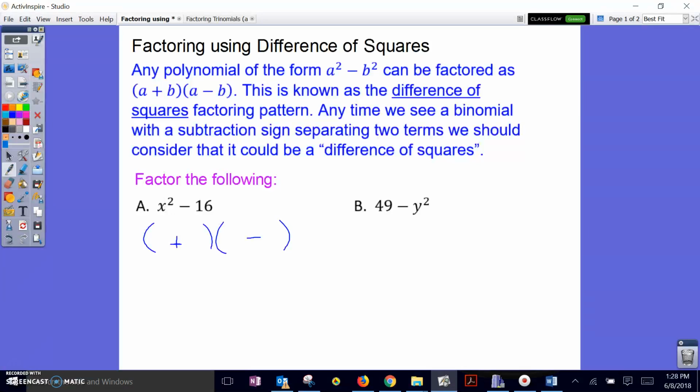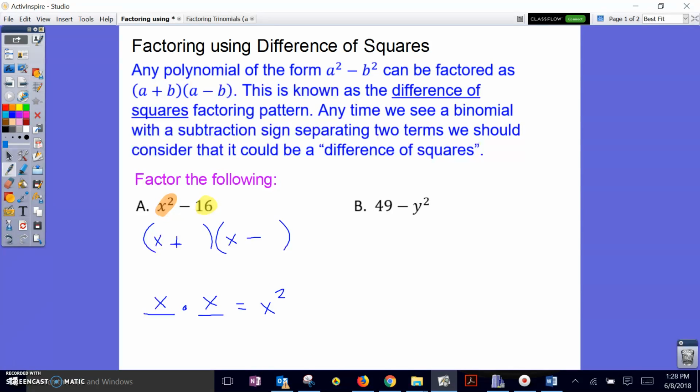Now in order to do that, all I need to figure out is what the a is, what's being squared in the first part of the binomial, and what the b is, what's being squared in the second part of the binomial. This one shouldn't be too hard. What times itself gives you x squared? The answer to that is x. So we're going to fill an x in the first part of each of these parentheses.